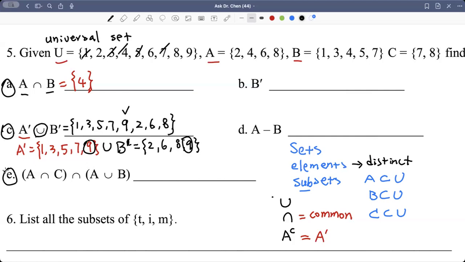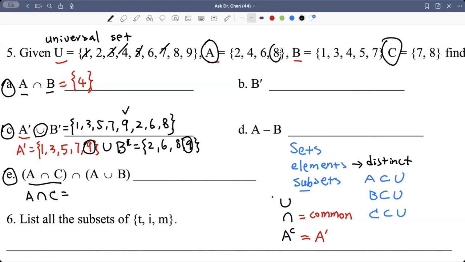Now let's see E. Oh, I didn't follow A, B, C, D order. Let's find A intersect with C first. That means the elements in A and also in C. So let's focus on A and C. Well, C has 2 elements, 7 and 8.